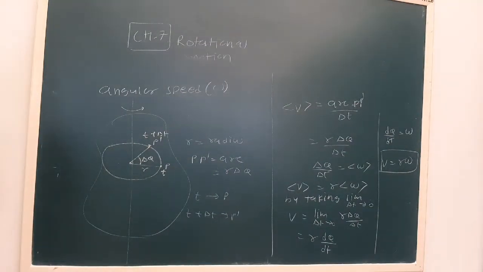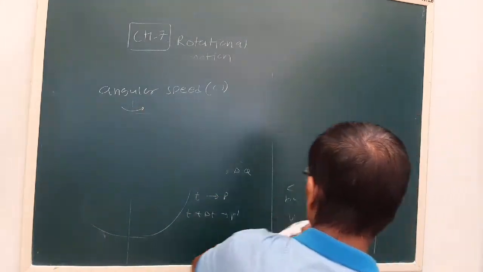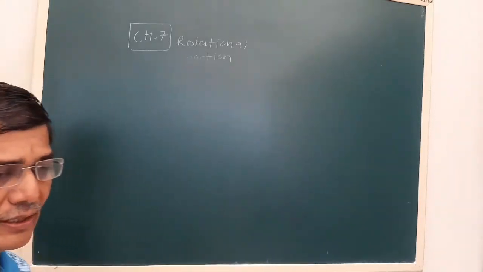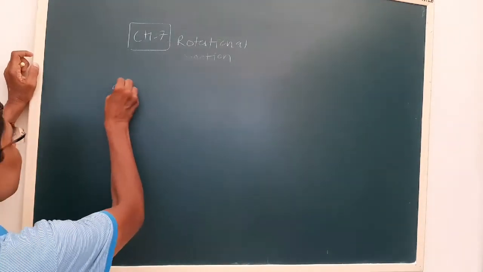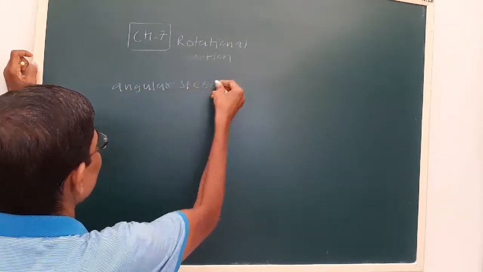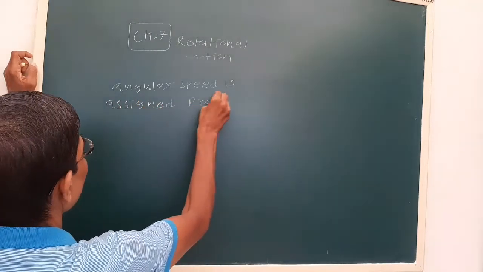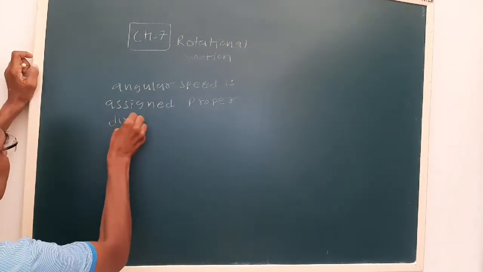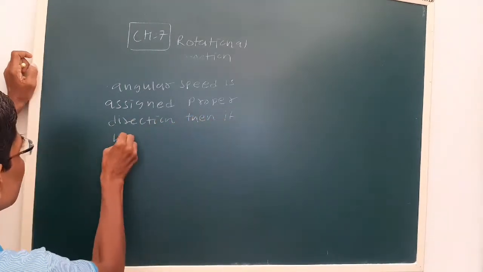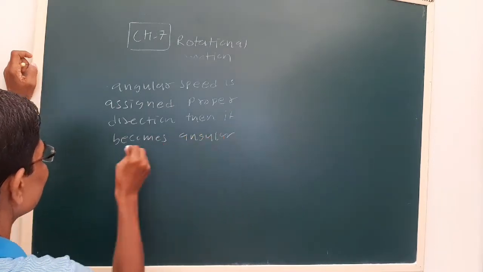Next we have to see the angular velocity. If angular speed is assigned proper direction, then it becomes angular velocity.